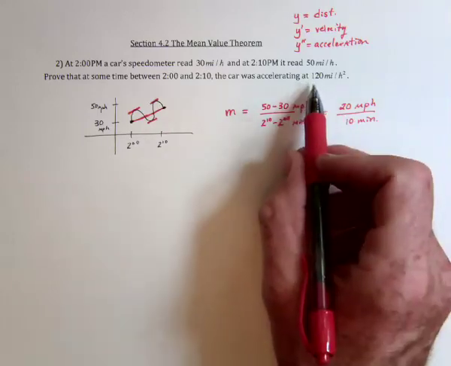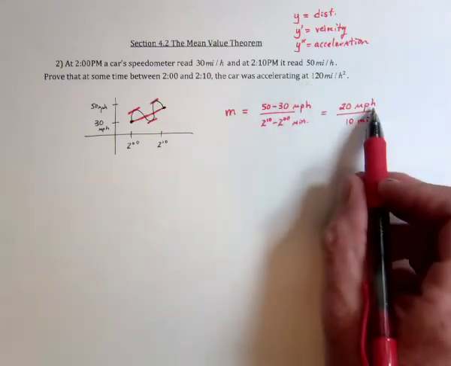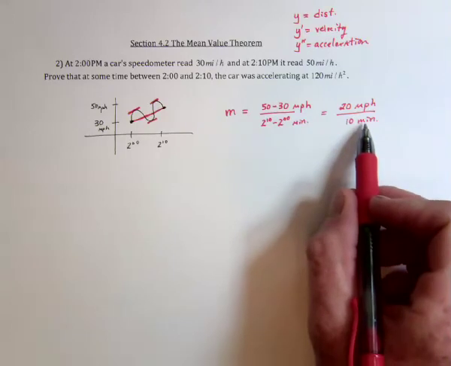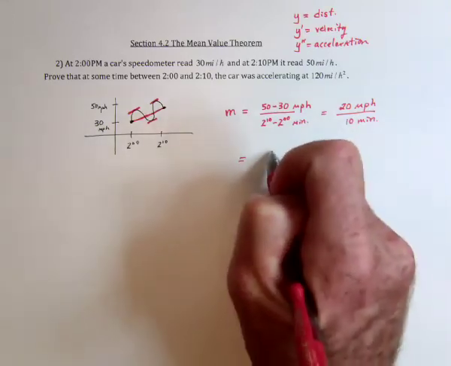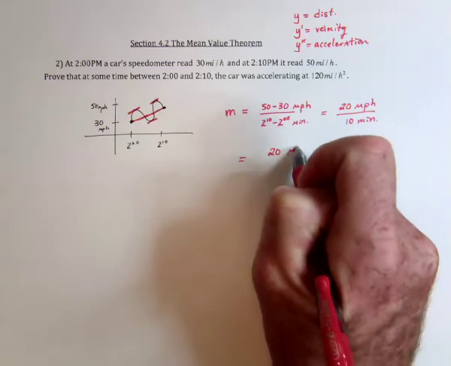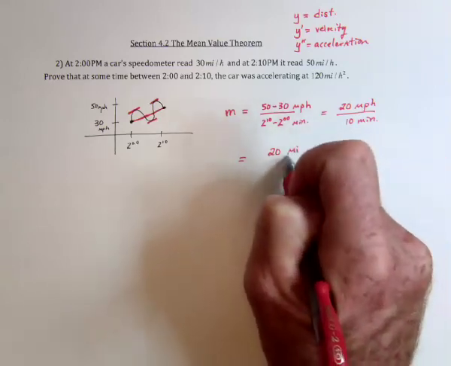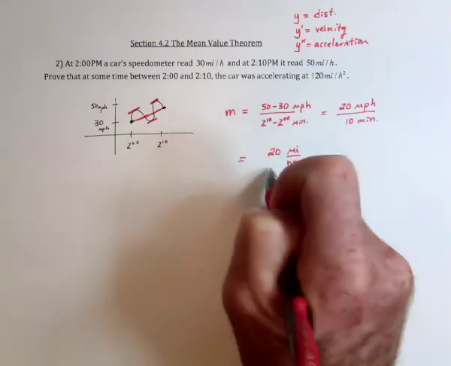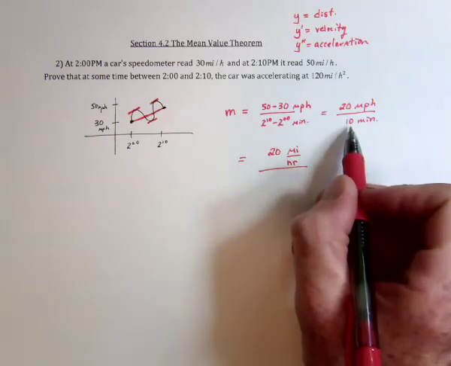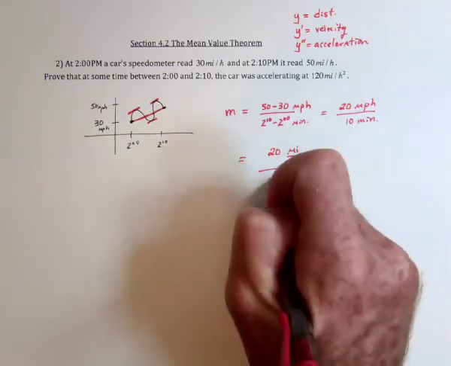Now, how do we get 120 out of that? Well, this is in hours, and this needs to be changed to hours. So we've got 20 miles per hour, which is being divided by 10 minutes, which is 1/6 of an hour.